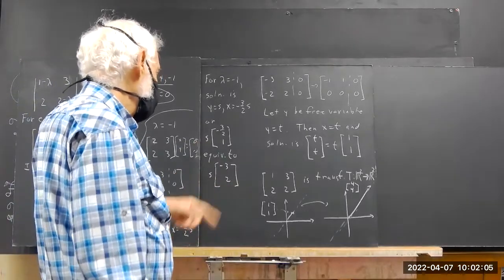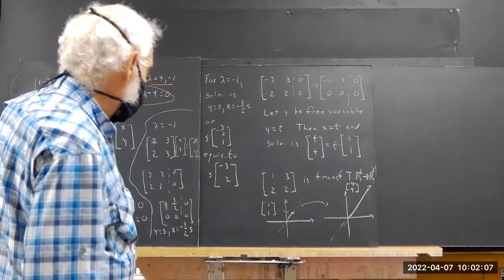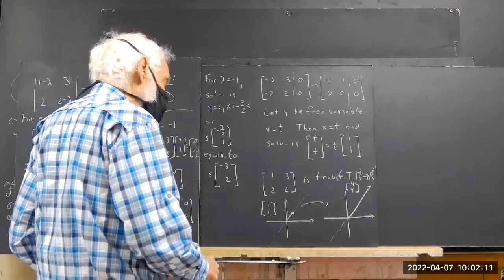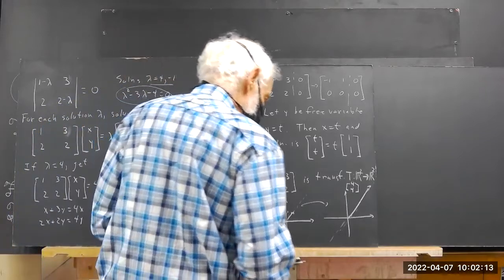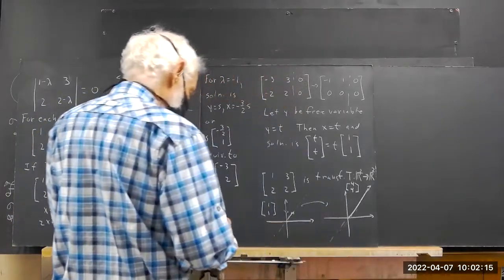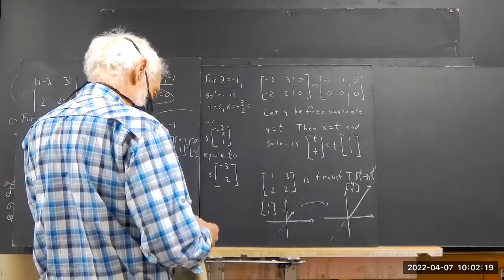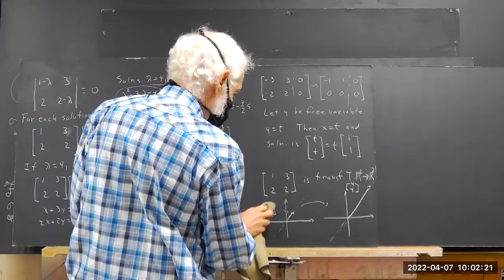Okay. Well, what's this tell us? It tells us that the vector negative 3, 2, and it's kind of inconvenient, that's where I labeled this thing. I thought it had a little better.